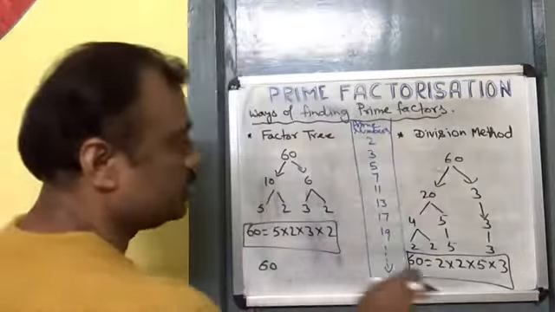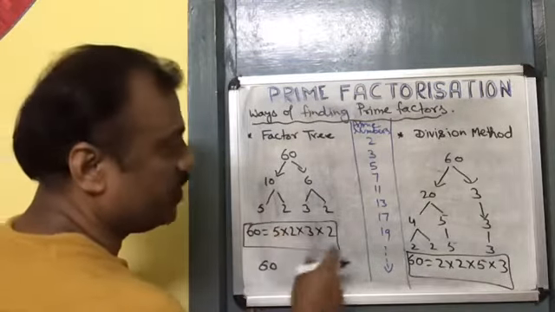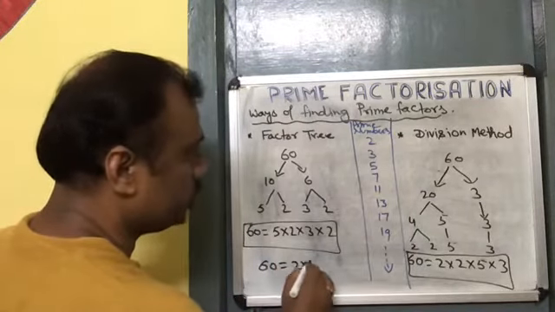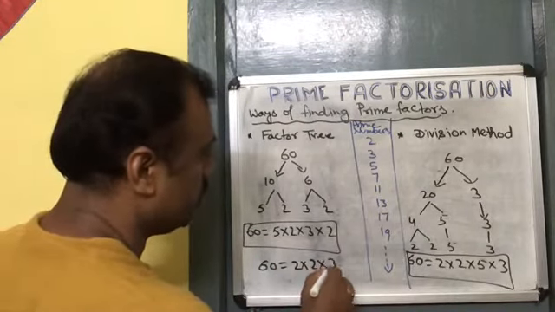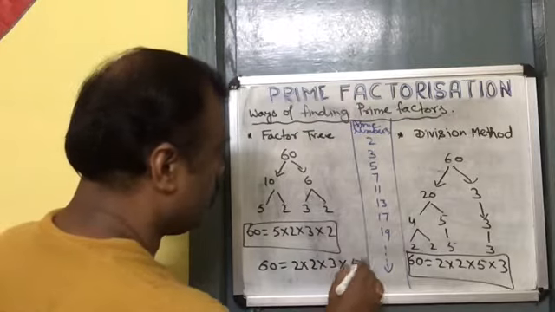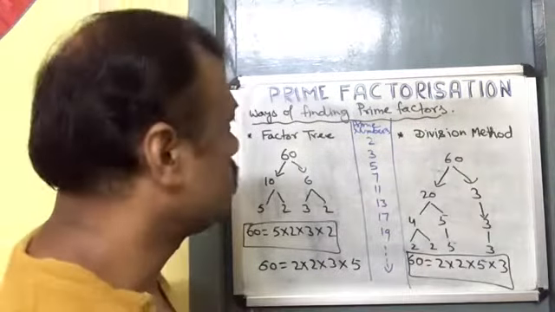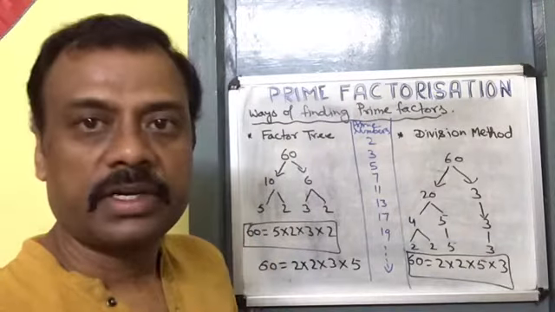In both cases you see the prime factors are the same. So we can write it 2 into 2 into 3 into 5: 2 fours are 4, 3 is 12, 5 is 60. So this is the factor tree method.